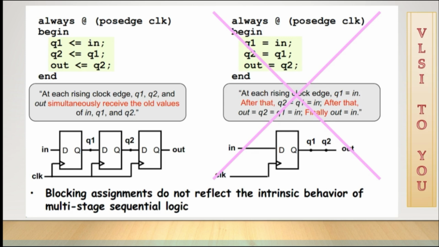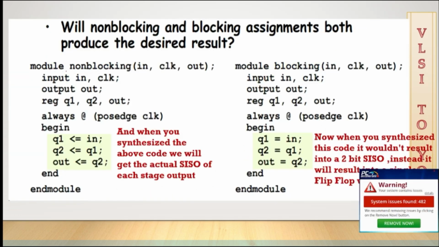Okay, so this is the example. By analyzing this particular example, I'll show you the difference between blocking statements and non-blocking statements. Module blocking, non-blocking with clock and out. I have taken two inputs, input and clock, and one output, OUT. Here I am also taking three registers, Q1, Q2 and out.